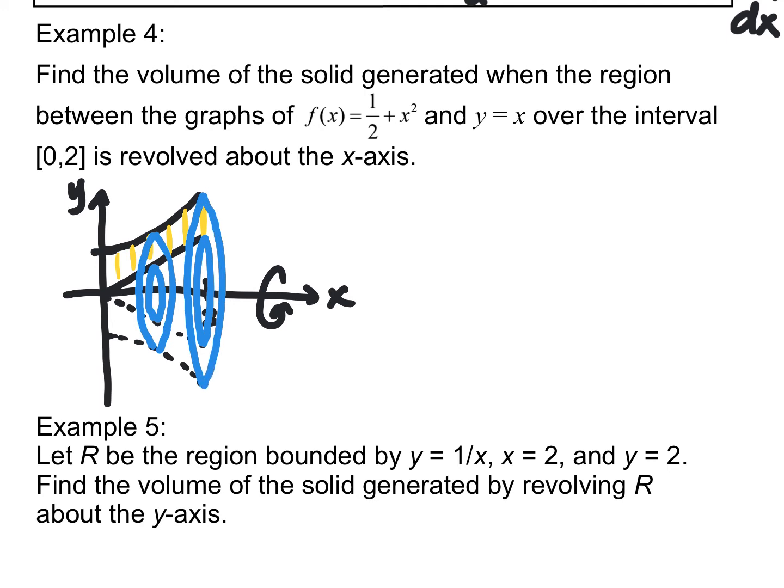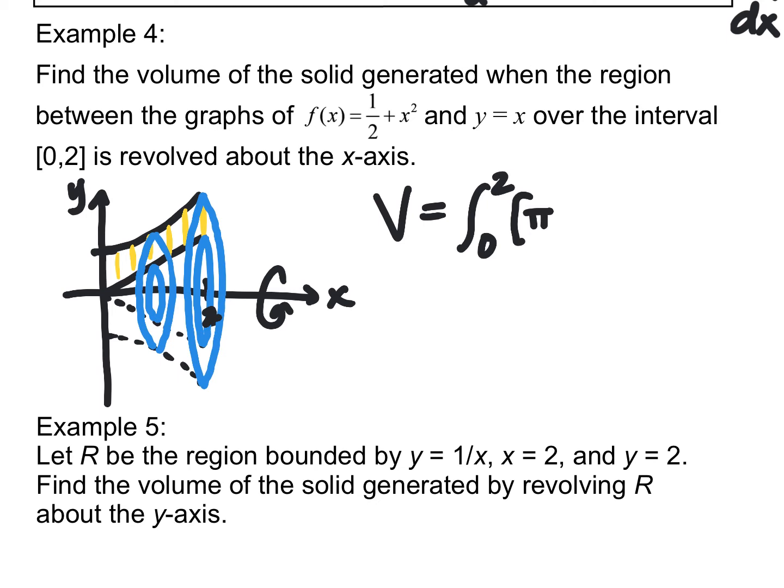All right, so that looks like a funnel maybe, but with a hole inside of it. Anywho, this time, the volume is going to be the integral from 0 to 2, because this is a 2, of, remember, pi big radius.